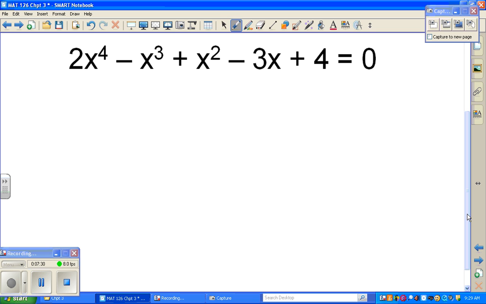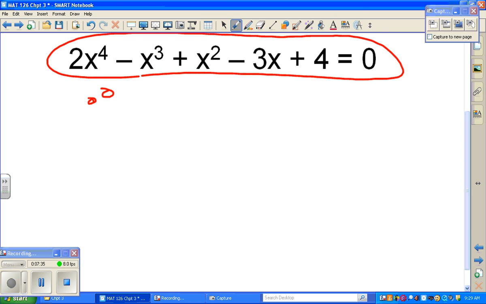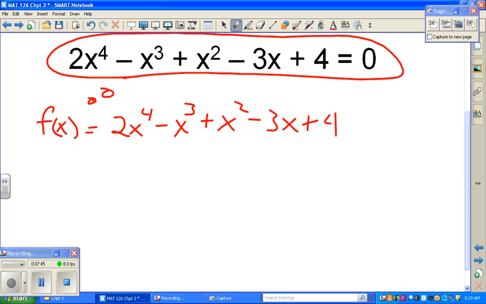So when you're thinking about this, you're thinking that f of x equals 2x to the 4th minus x cubed plus x squared minus 3x plus 4. How many sign changes are there in that polynomial?